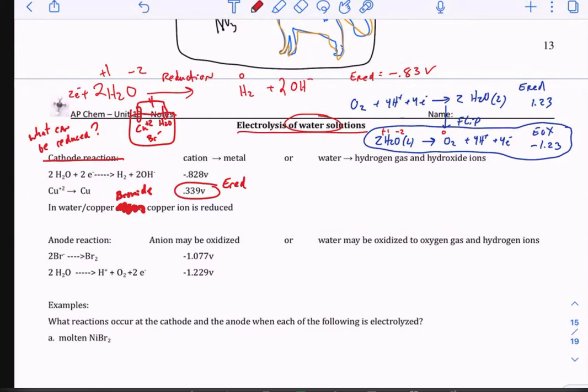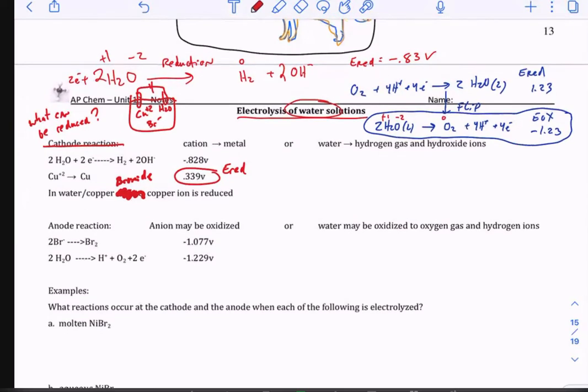Okay, so at the anode, remember the anode is where oxidation takes place. So what do we have in solution that can be oxidized? Bromide. Bromide can be oxidized, and its oxidation potential is negative 1.077.